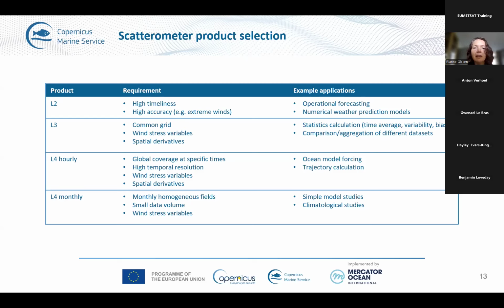And if you really need global coverage and or a high temporal resolution, then the level 4 hourly products are there for you. And if you think, well, I don't need that much data, I just need to know what the wind field is on a longer time scale, for example, for simple model studies, then there's the level 4 monthly product.